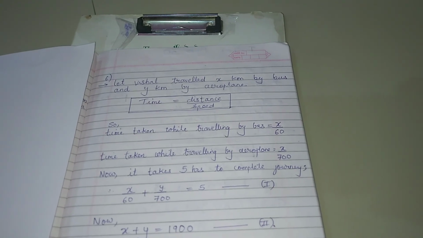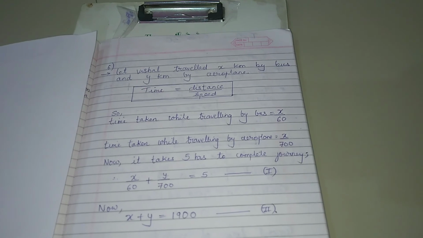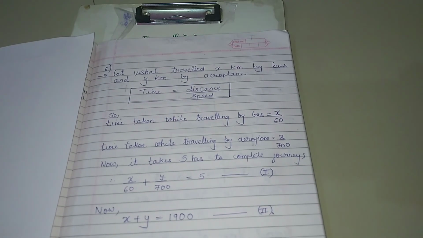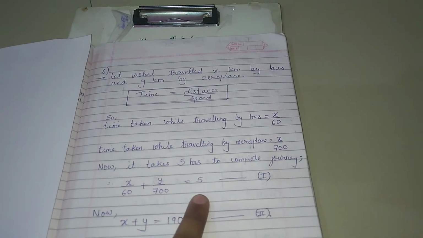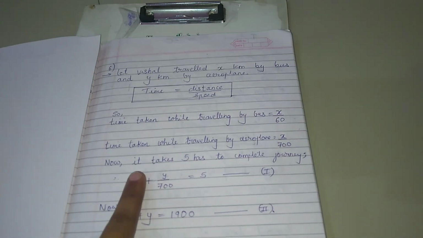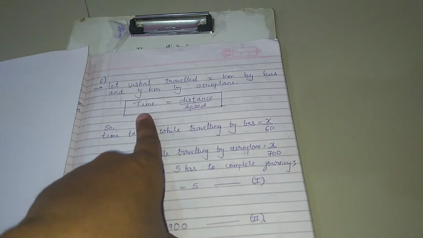Now the condition over here says it takes 5 hours to complete the journey. So the total journey takes 5 hours. We can directly write x by 60 plus y by 700 is equal to 5, because distance upon speed is equal to time as per our formula.